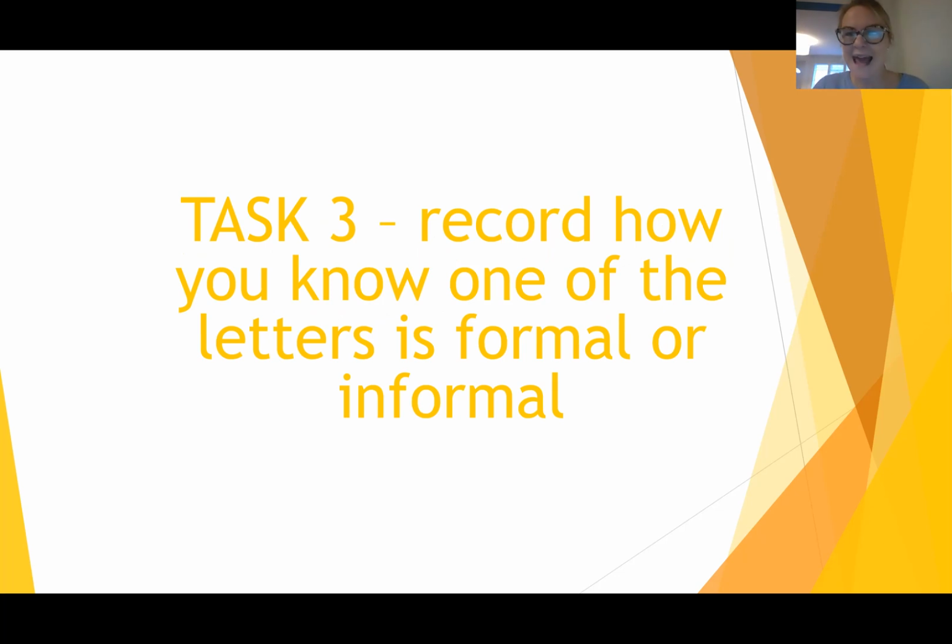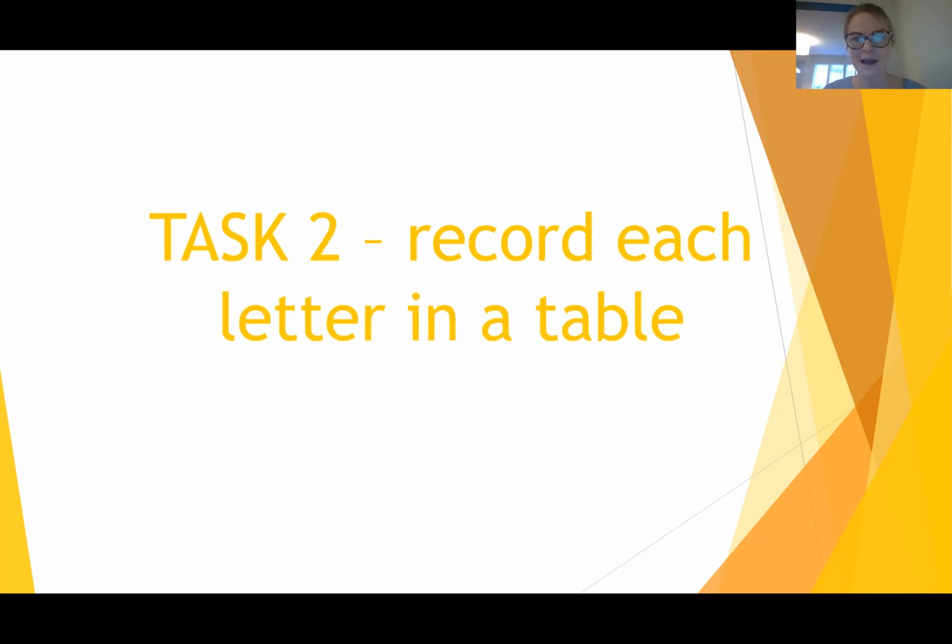Right, the next thing we are asked to do is, once we've sorted all of those letters, we're going to choose one and we're going to write a sentence to say why we know this is either a formal or an informal letter. So let's go back to one of the examples that we did earlier.